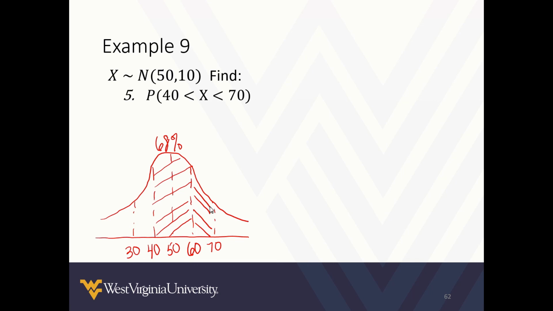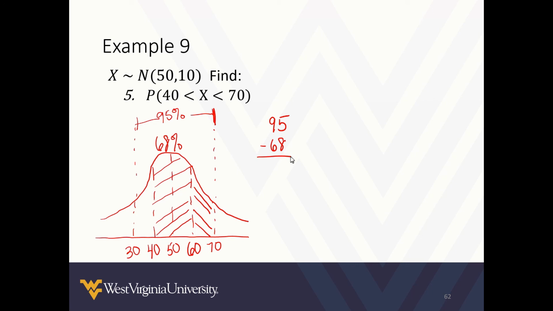What we can do is use a combination of our knowledge for the 68% being within 1 standard deviation of the mean and our knowledge that 95% of our data is within 2 standard deviations of your mean. So between 30 and 70 we know is 95% of our data. Between 40 and 60 is 68%.